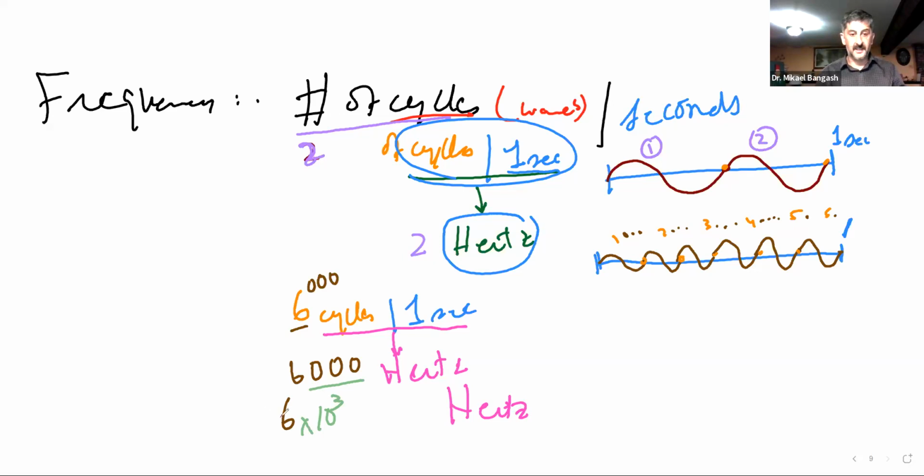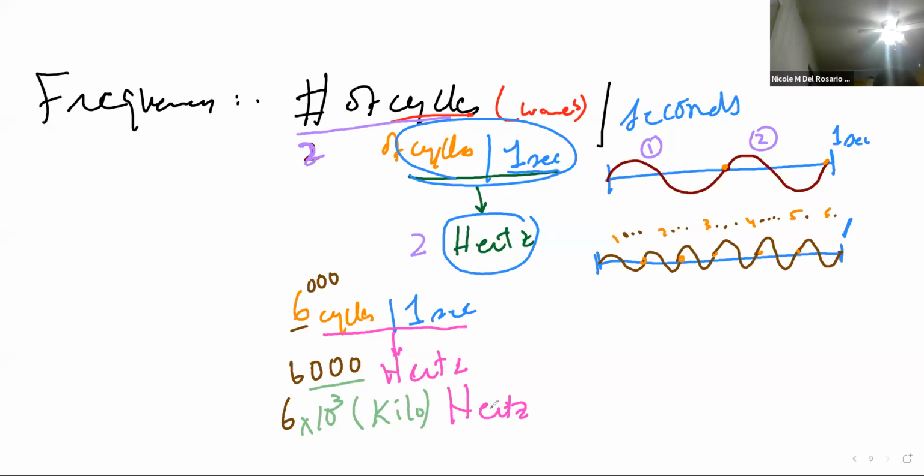So this will be 6,000 hertz, or it can be read as 6, and 1,000 times is kilo, so it becomes 6,000 hertz or 6 kilohertz. Did you get that?